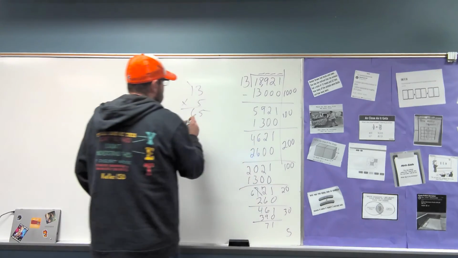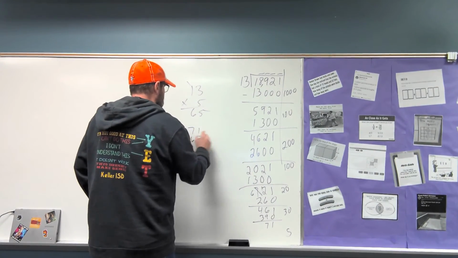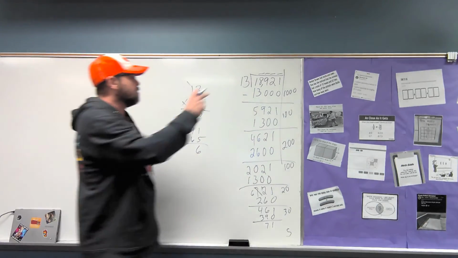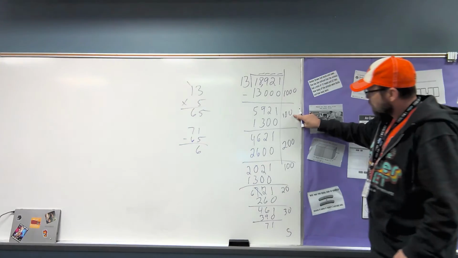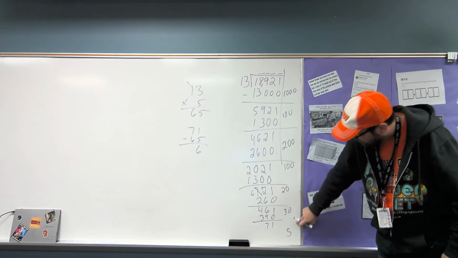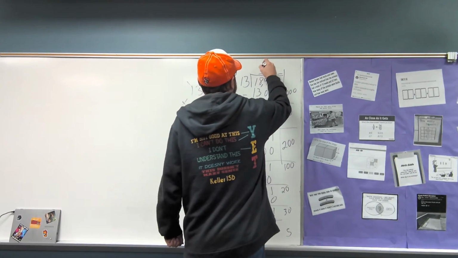We've got 71 minus 65, which gives us 6. So we're going to have 1,000, 100, 300, 400, 20, 5. So 1,455.